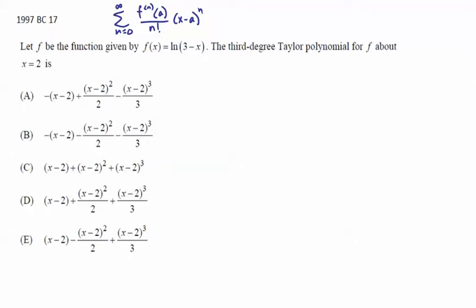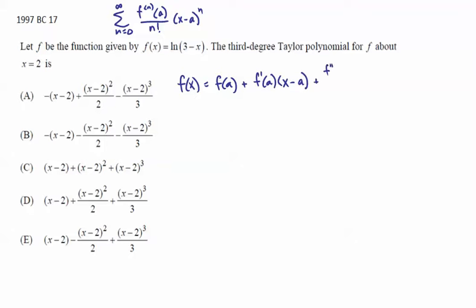The first term is always going to be f of a. Then plus the first derivative of f evaluated at a divided by 1 factorial, times x minus a to the first power.